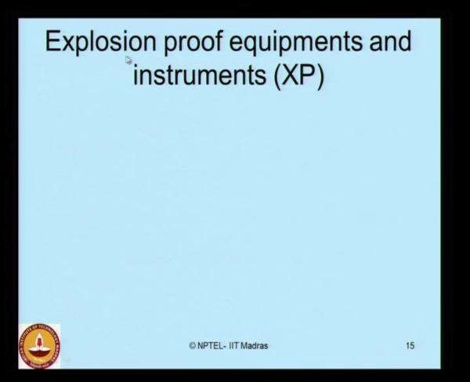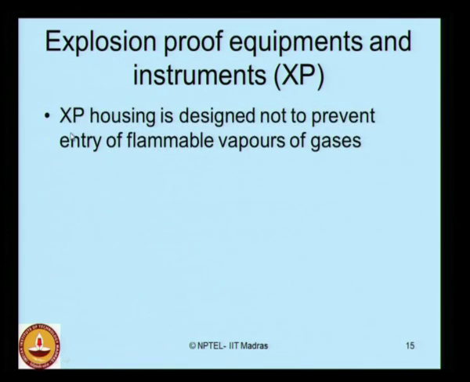XP indicates explosion proof. XP housing is basically not designed to prevent the entry of flammable vapors or gases. Any explosion proof equipment or instrument does not prevent the entry of flammable vapors or gases.